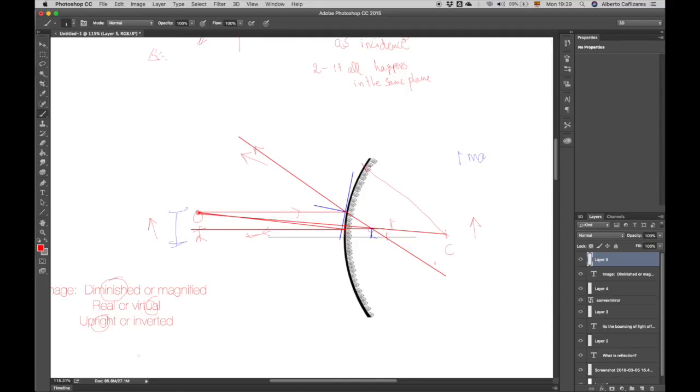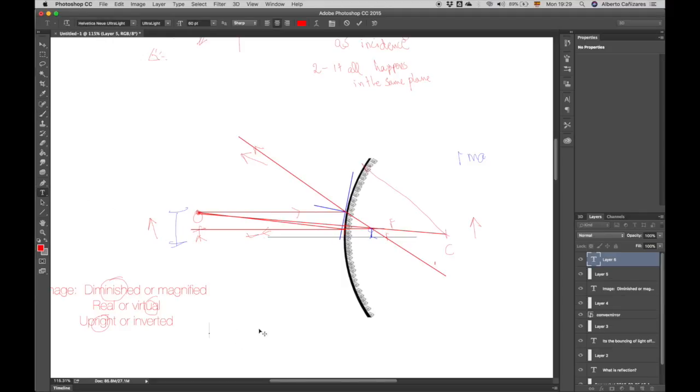Okay, so we can say that in this case, the image is diminished, virtual, and upright. And you can believe me, or you can try this yourself, this is always the case for convex mirrors.